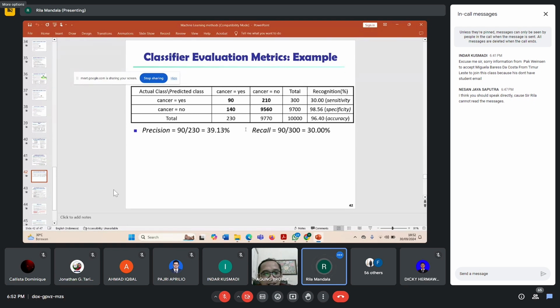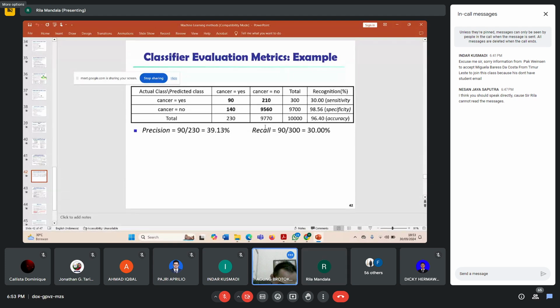Why? Because a search engine has its own performance evaluation metric. The basis is still recall and precision.